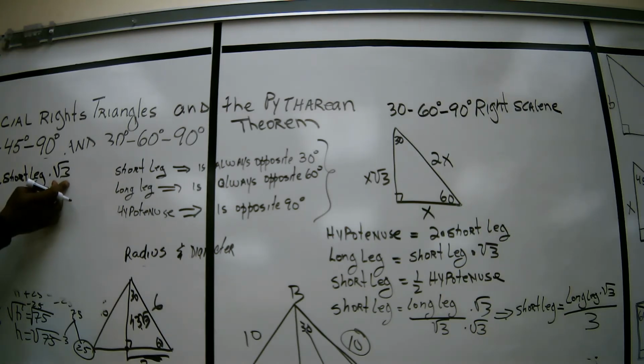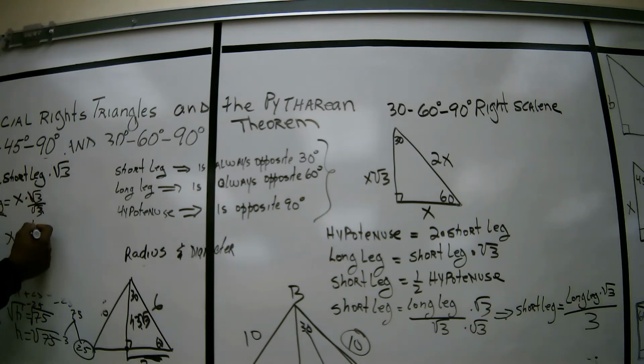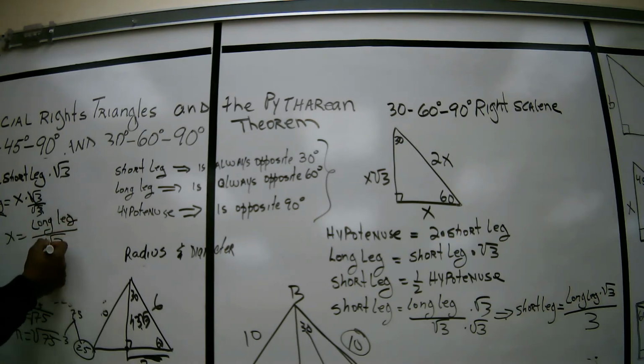If I let the short leg be x, x times square root of 3 is equal to the long leg. I can solve for x. In order to solve for x, I will have to divide both sides by square root of 3. Then you will have x equal long leg over square root of 3.